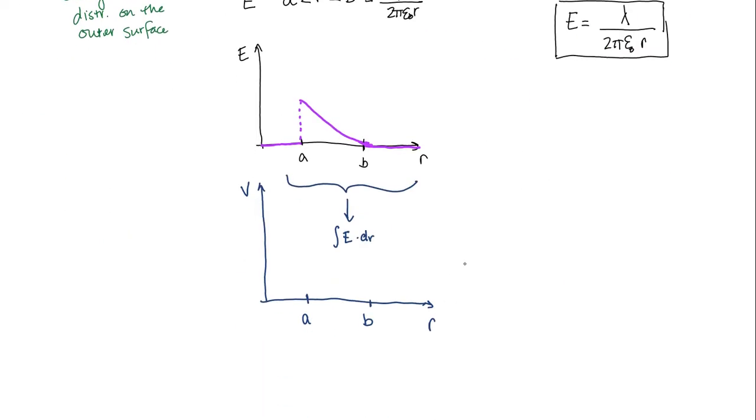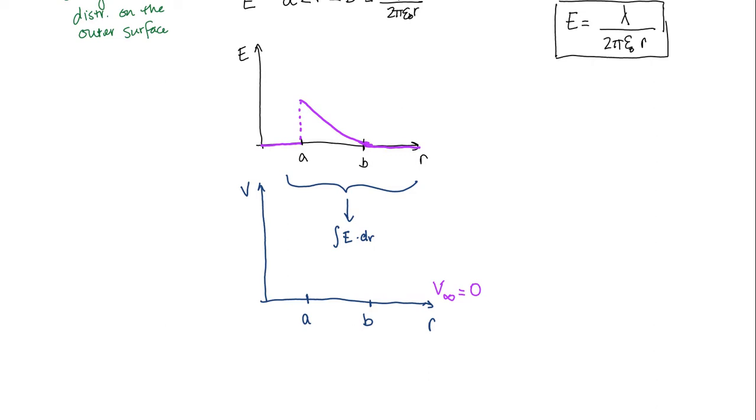Now the electric potential at infinity is going to be 0. There are some considerations here, and we are going to simplify the situation a little bit, so I'm not going to go into them in great detail, but sometimes you pick a different point for the potential to be 0. For right now, let's just say that the potential at infinity is going to be 0.